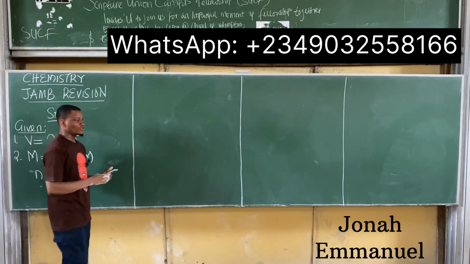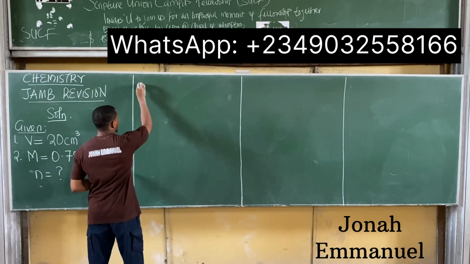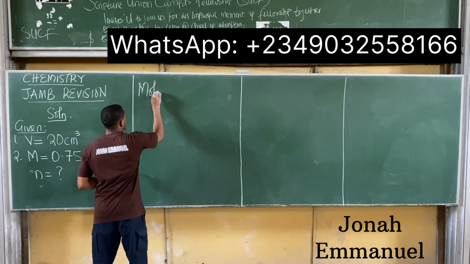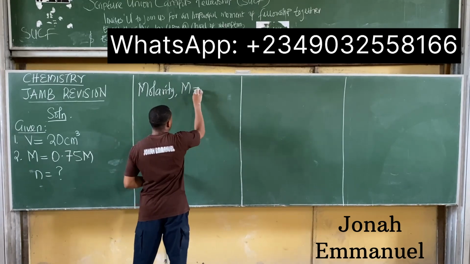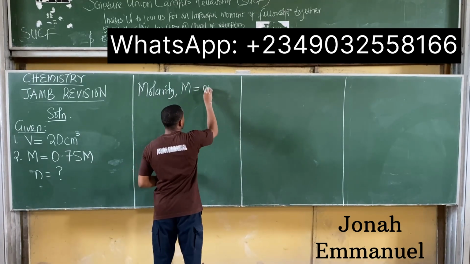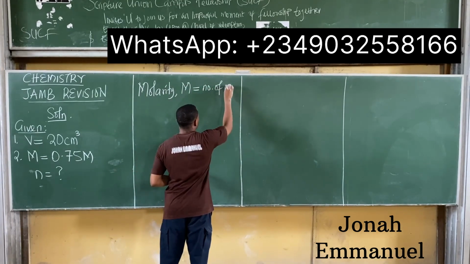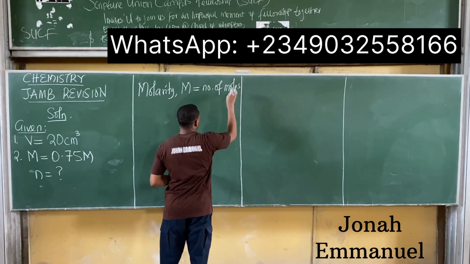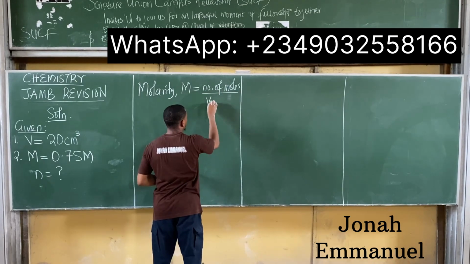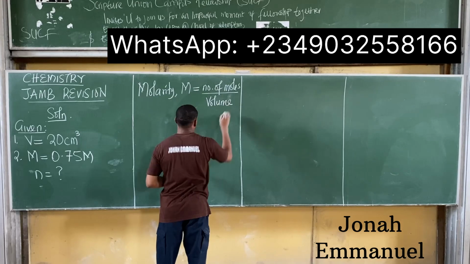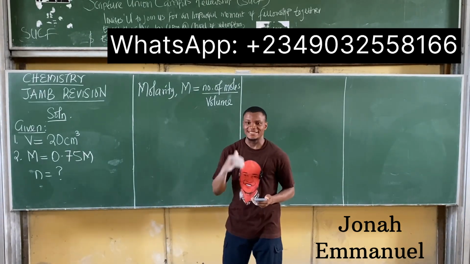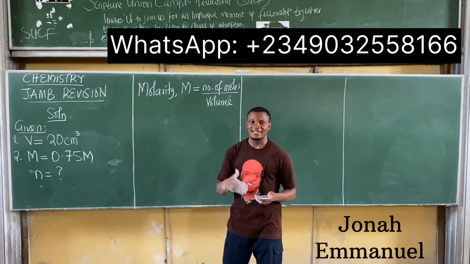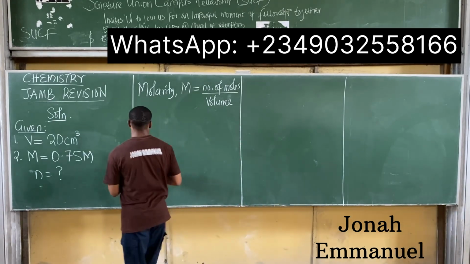So this question is under a concept called molarity. Molarity, that's M, is simply equal to number of moles over volume. All right, so here's something to note. The volume should be in dm cube, which is decimeter cube, and the reason is because of this.